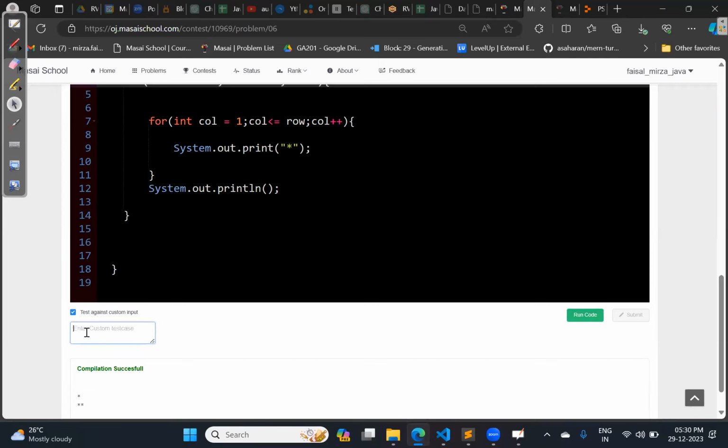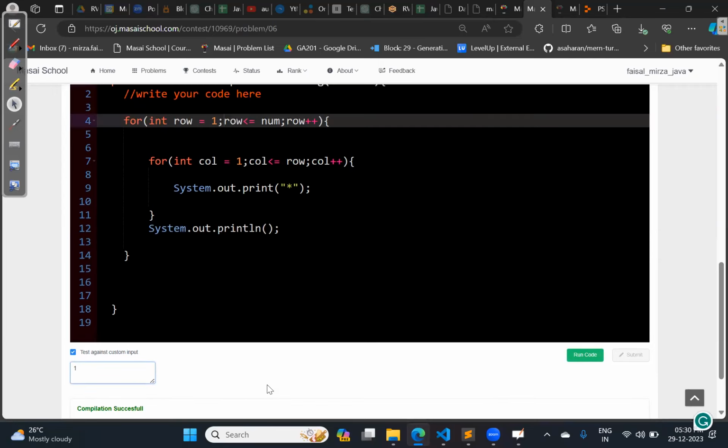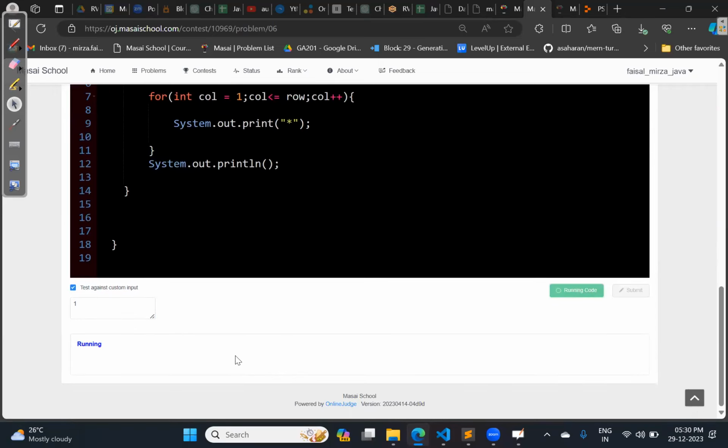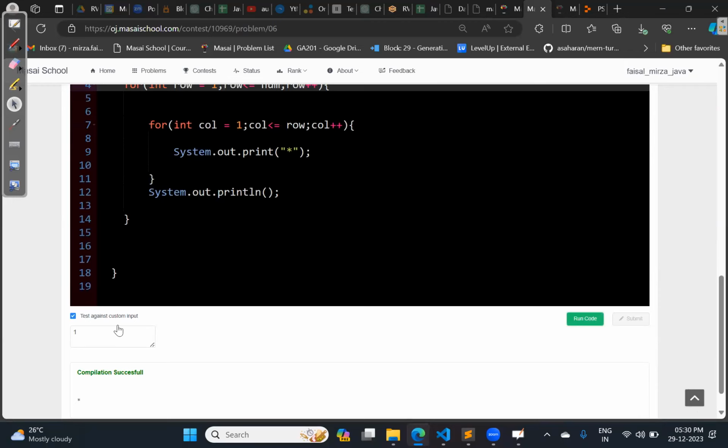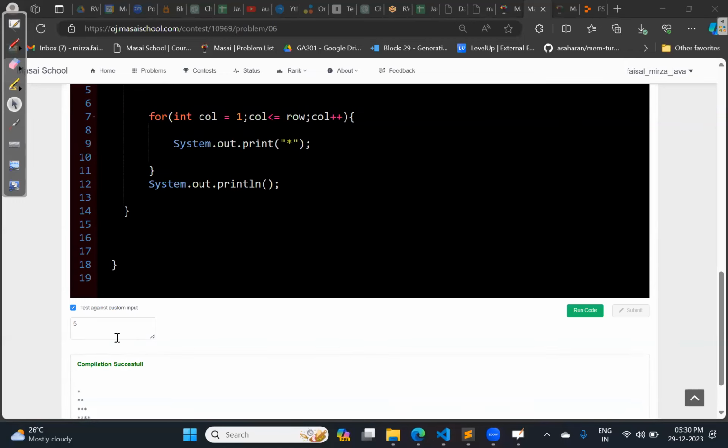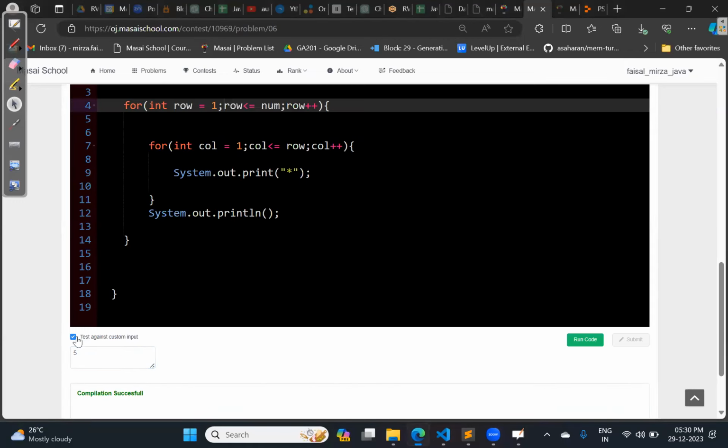If getting the right output, if it is 1, we should get only how many stars? Only 1 star, right? If it is 5, you just see for the 5. Yeah, we are getting the output as per the expectation.